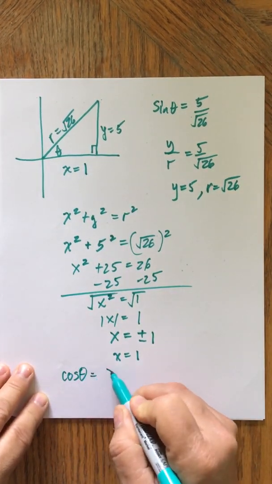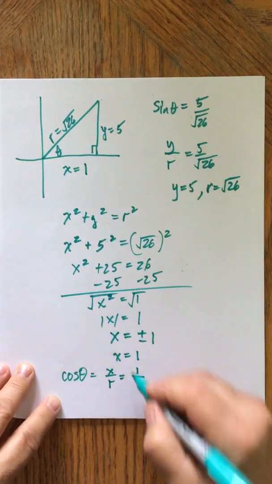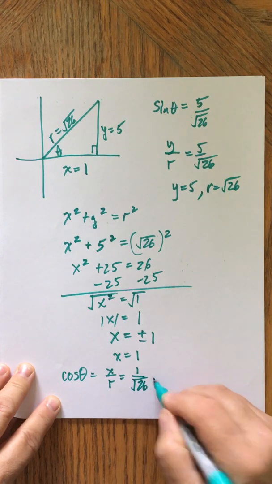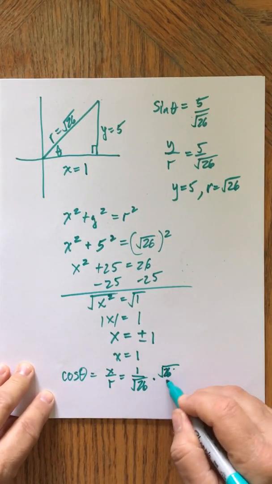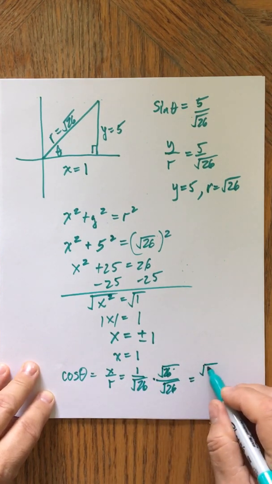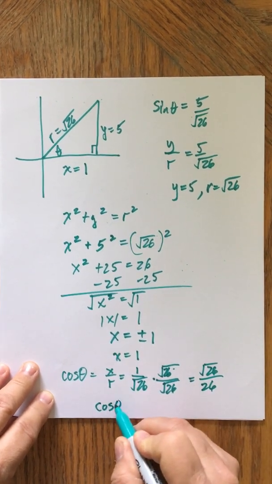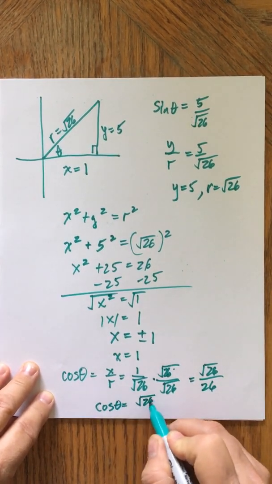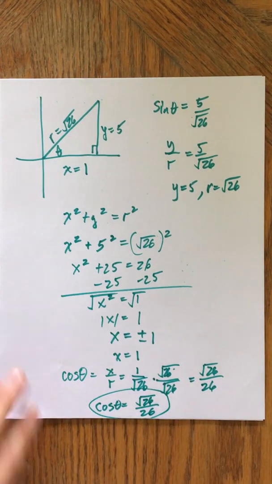Well, it's the definition x over r. In our case, x is 1, r is square root of 26. And now I have to rationalize it just because the book's like that. And so I'm going to now have square root of 26 over 26. So now what I know is cosine of theta is square root of 26 all over 26. That's my answer for cosine of theta.